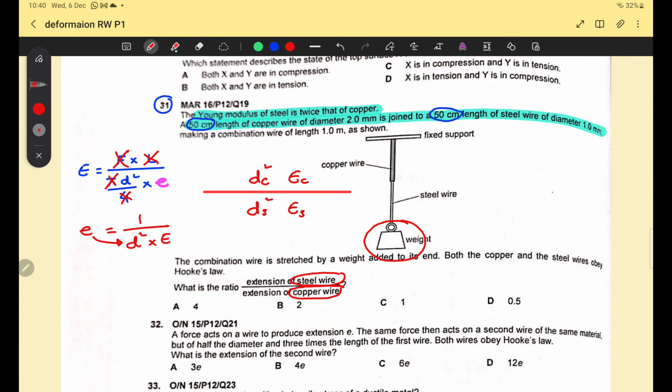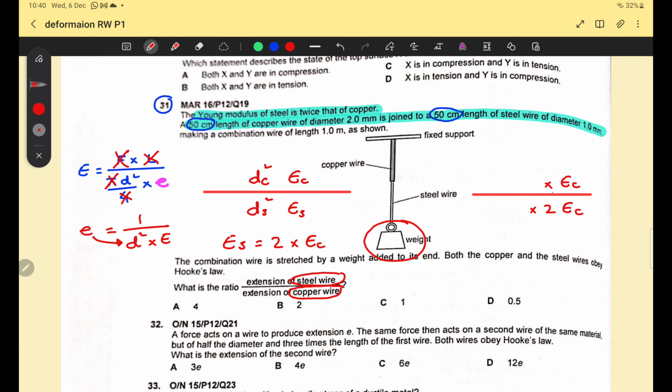And now put the values. Now beta, put the values. Sir, Young modulus of steel is twice of copper. Okay, for steel it is 2 times of copper.